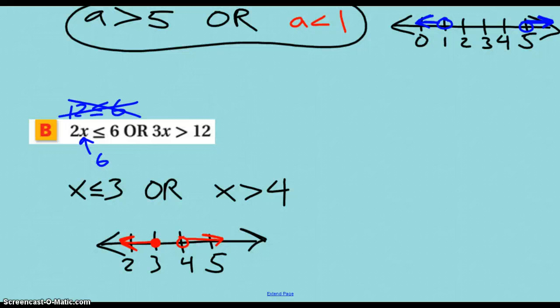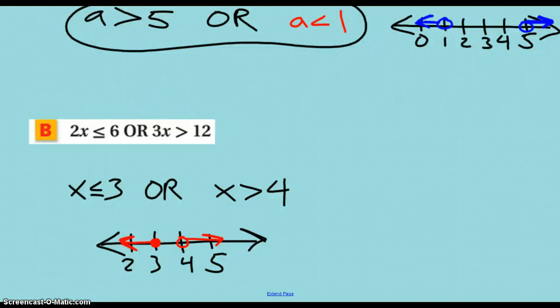Not true. So in order for this to be a solution, it's got to work for the other one. So if I put 6 in here, I get 3 times 6, which is 18, and now I have 18 is greater than 12. So a solution will be something that works for at least one of those equations. If it's a number that doesn't work for either equation, it's not a solution.